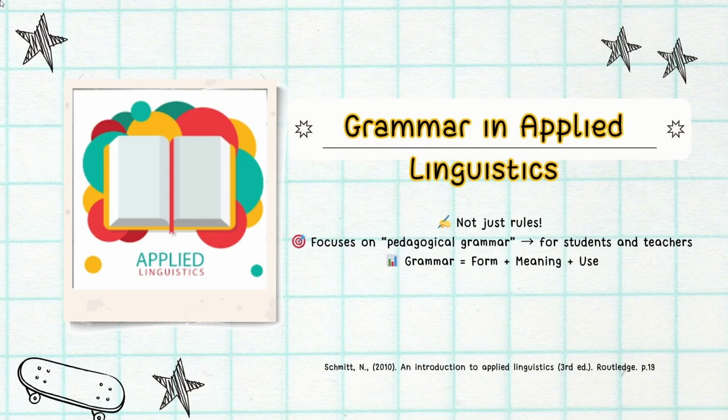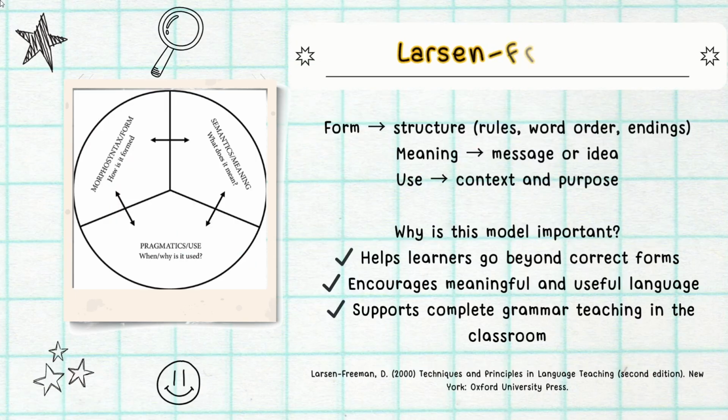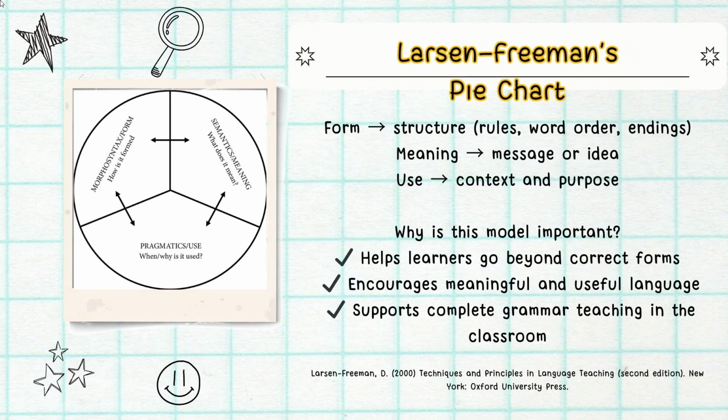They recognize that grammar is not merely a collection of forms, but rather involves three dimensions: morphology and syntax, semantics, and pragmatics. They show us the importance of these three dimensions by means of a pie chart divided into equal and interconnected parts, labeled as form, meaning, and use.